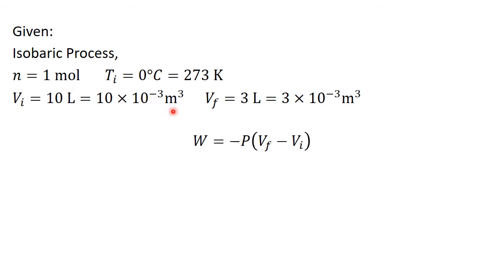Ano ulit yung ideal gas law? PV equals nRT. So, si P dito, pwede kong palitan ng nRT all over V. And of course, since hindi natin alam yung final temperature, kaya nga hindi natin nasabi kung isothermal o hindi siya, di ba? Okay? Alam lang natin yung initial temperature, so i-evaluate lang din natin siya dun sa initial points niya.